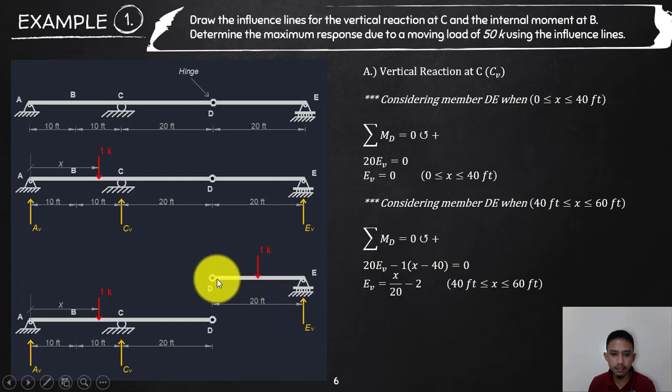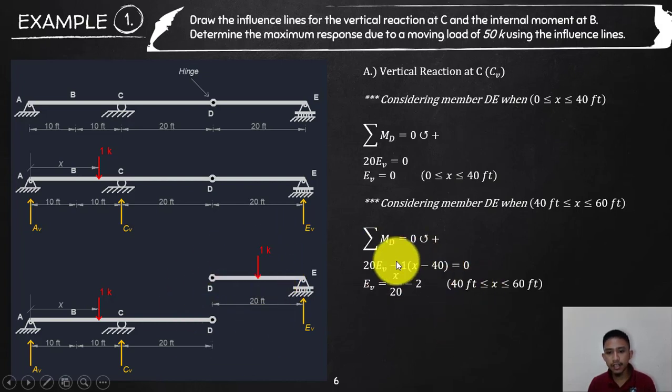That will be x from A to that force, and then subtract this known distance, 40. So that will make it x minus 40. Again, that is the moment arm of your one kip with respect to your point D. Negative, since that is clockwise.